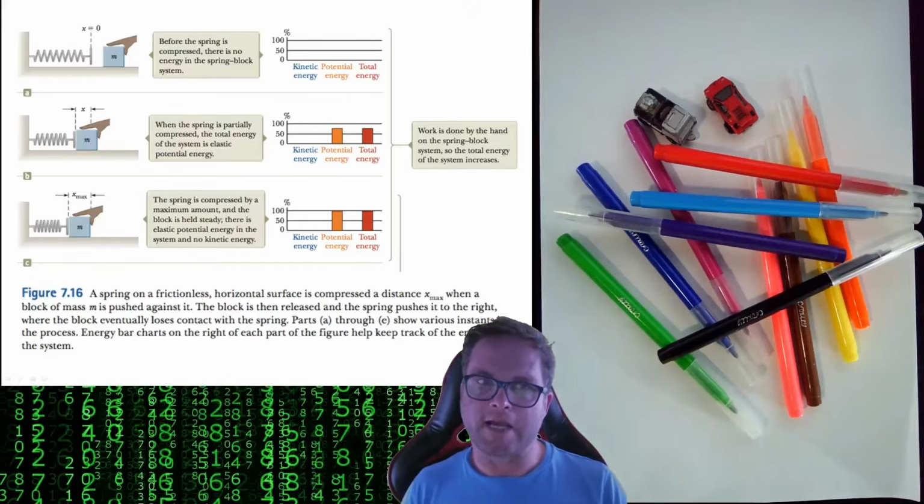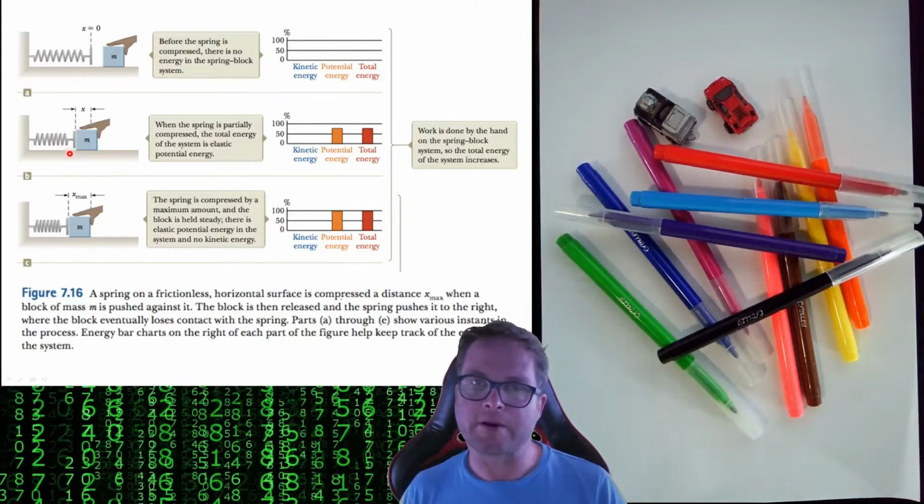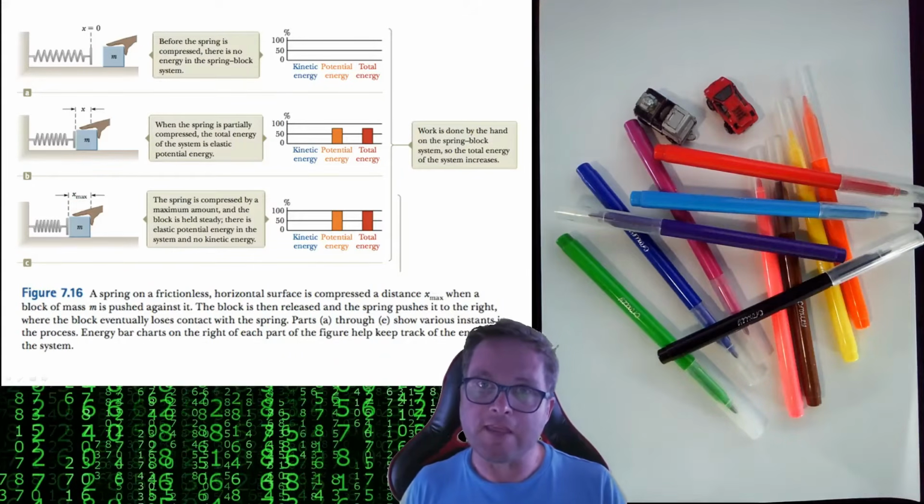So next, we're going to be looking at what happens when we have a frictionless surface and a person pushing a block of mass m against a spring, and the spring is becoming compressed. They push it to a position of maximum compression of the spring, denoted by x max, and then they let the spring go.